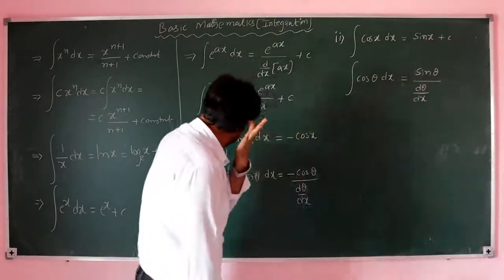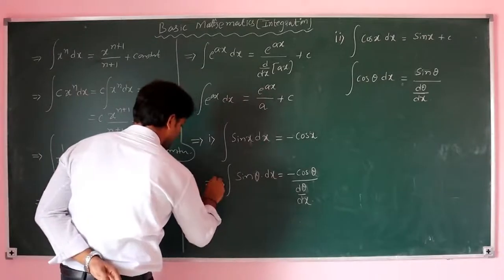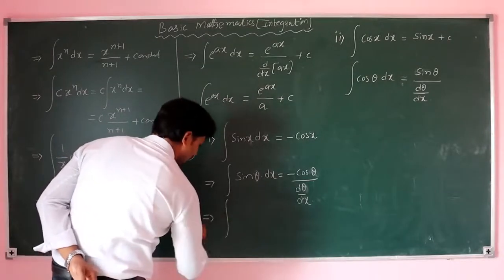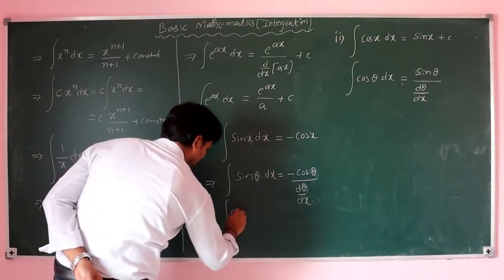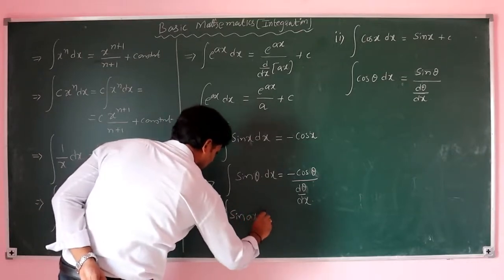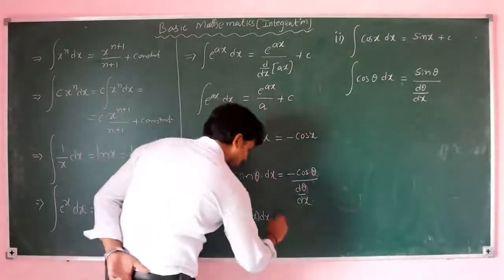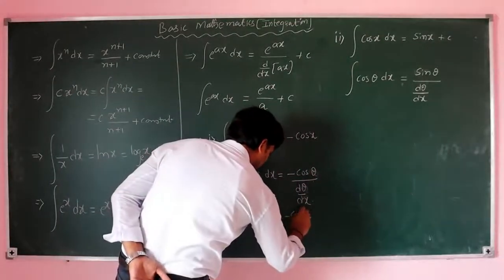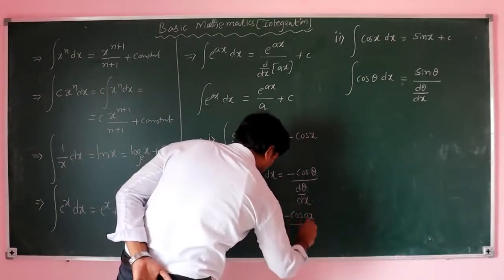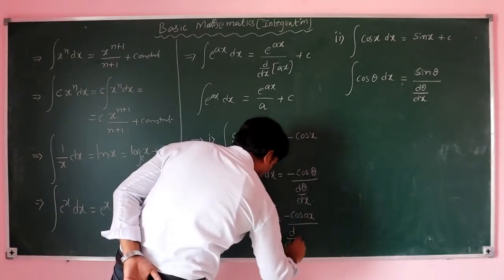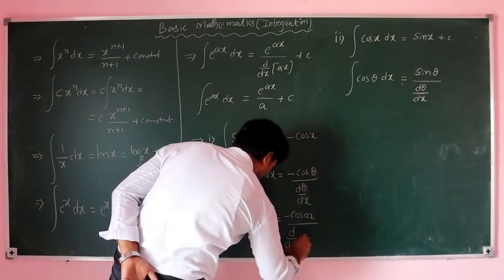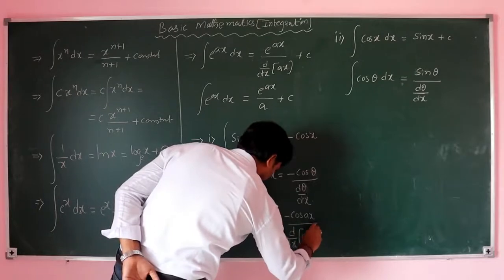I will take one more example for you. For example, integral sine ax dx. Here ax is a complete term. Sine integration gives cos ax upon d by dx of ax.